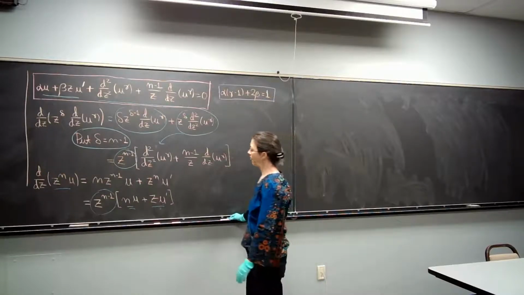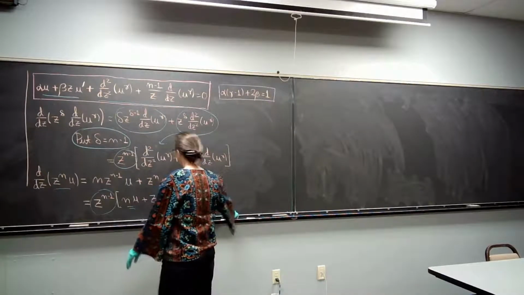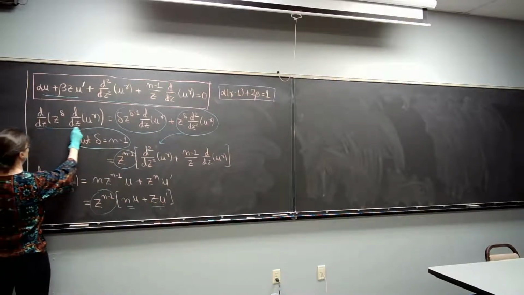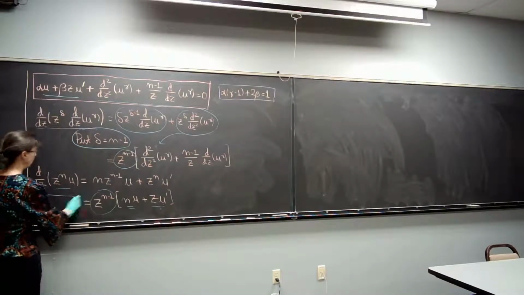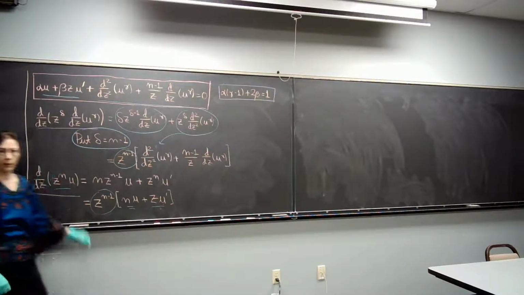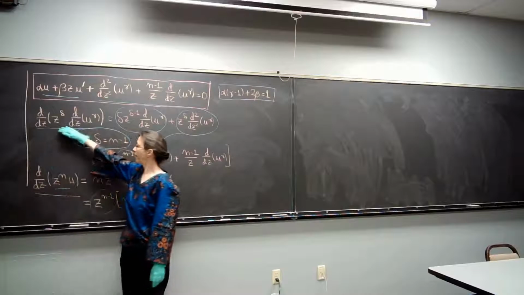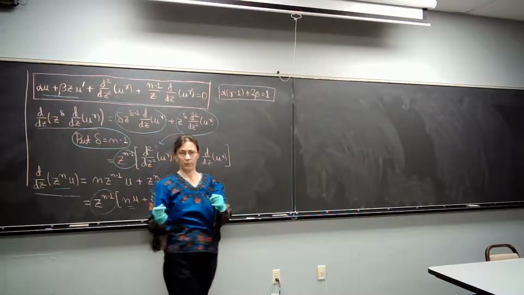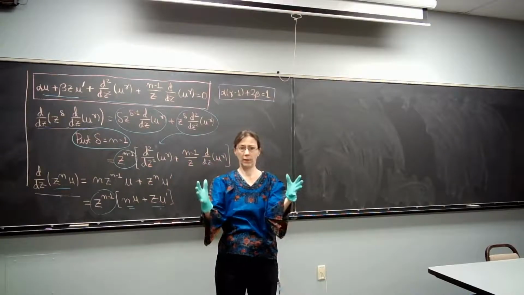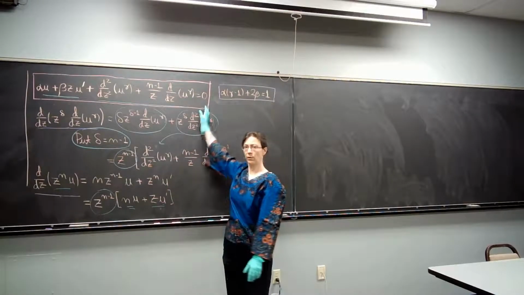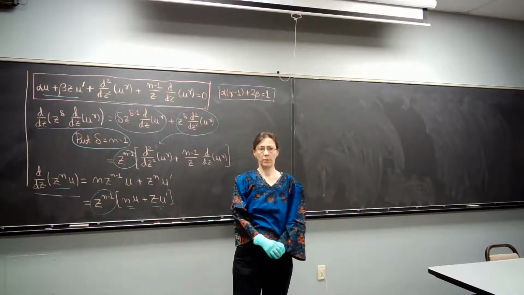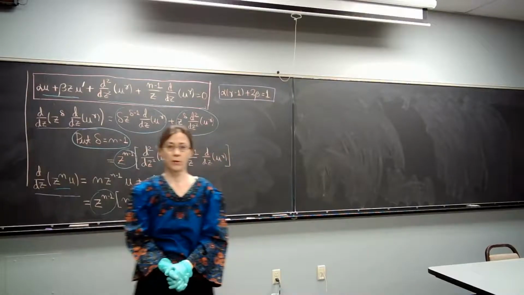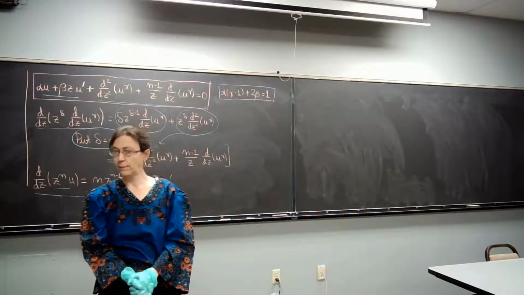Now what we're going to do is take a linear combination of these two terms, and then you'll get d dz of some expression equals 0. If it all falls into place, we'll be able to solve that ODE.